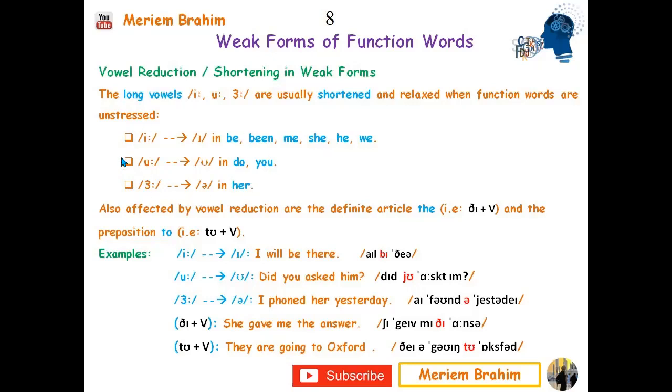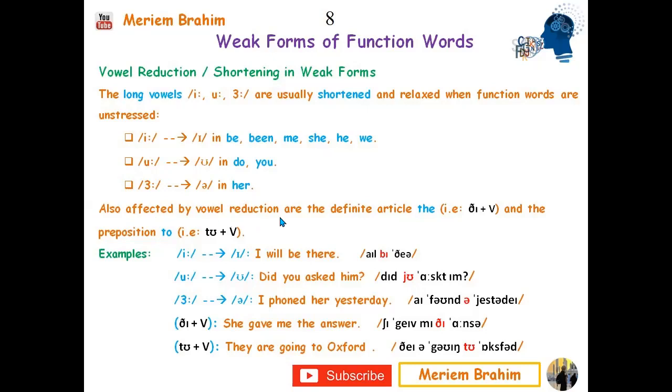For example, the long ee becomes short i in function words: instead of saying be, we say bi, been, me, she, he, and we. The long oo becomes short u, for example do and you. And the long er becomes a schwa, for example in her. Instead of saying her, we say uh.